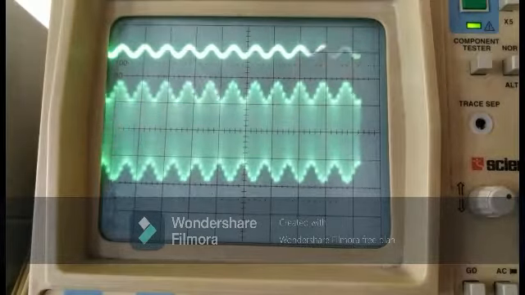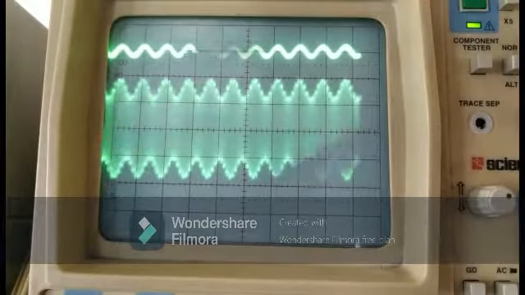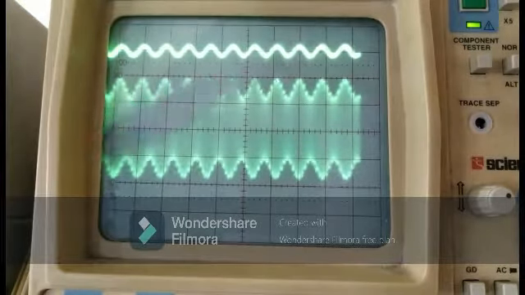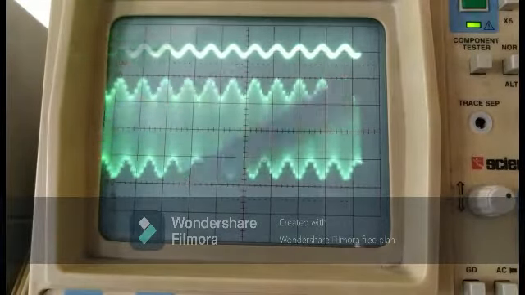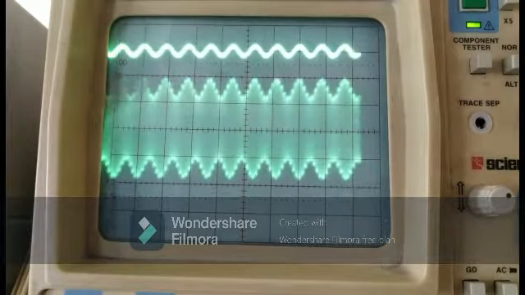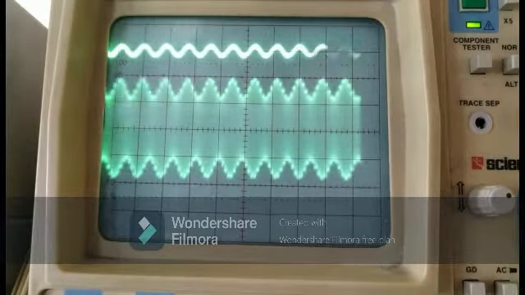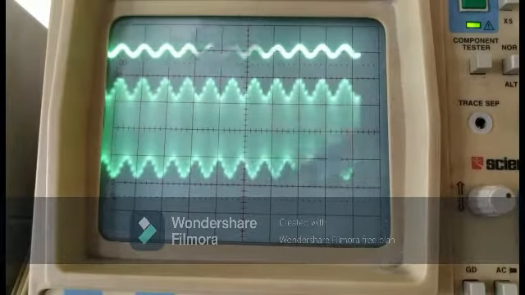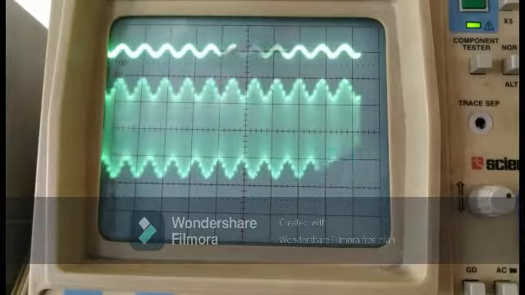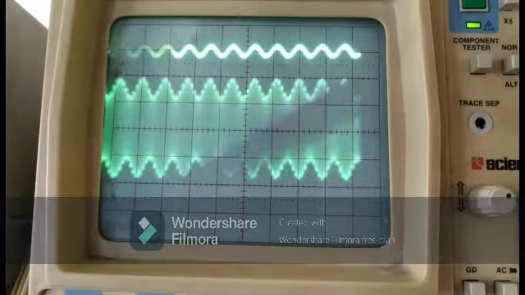So in this way, we have taken the value of V maximum, V minimum. From that, we can easily calculate the modulation index.